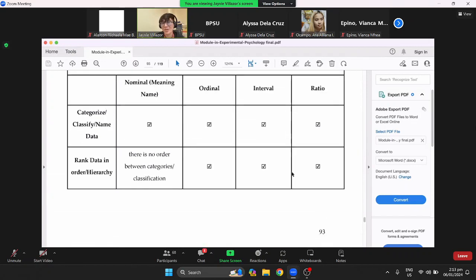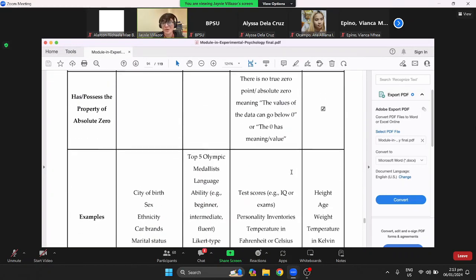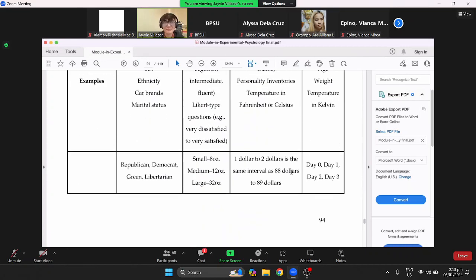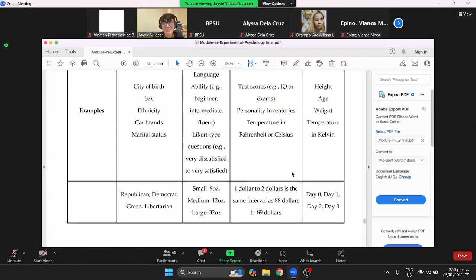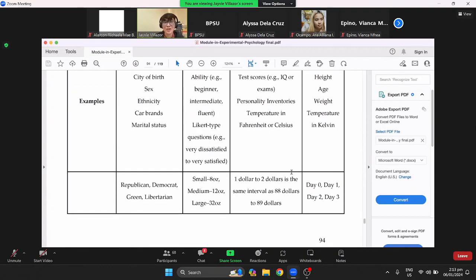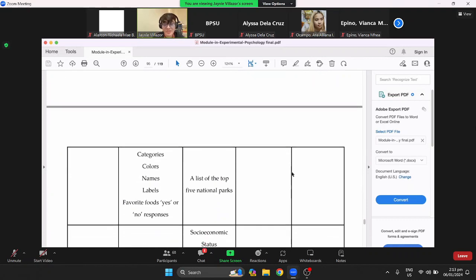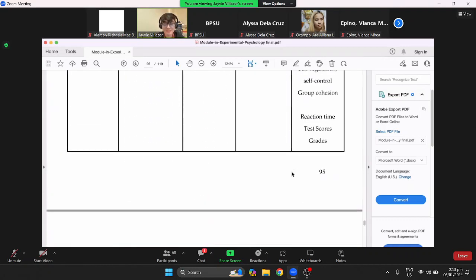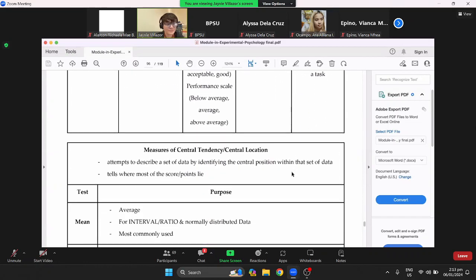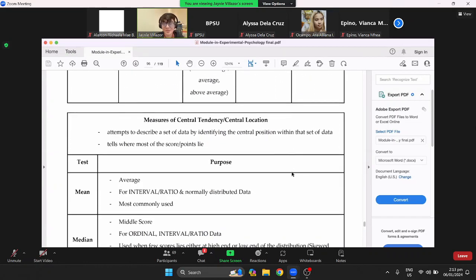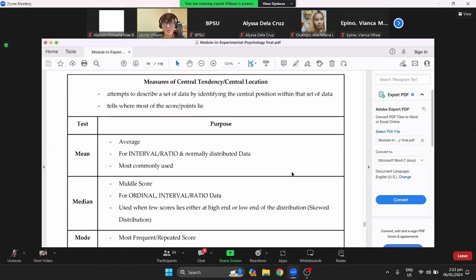And then again, when we talk about ratio, meron naman siyang absolute zero value. Okay? Ayan. Next is, ayan na, basahin niyo na lang yung mga example. Again, lalabas to sa long exam nyo, so you need to familiarize yourself with this. Okay? Ayan. So again, it's given in your module. Again, scan that, read that, and familiarize yourself with that.